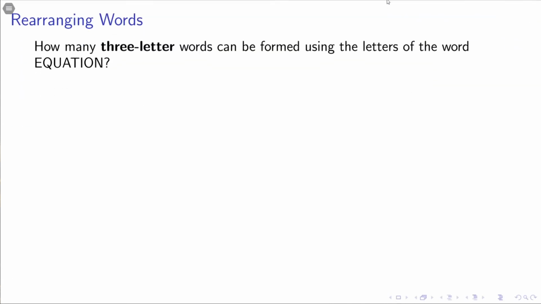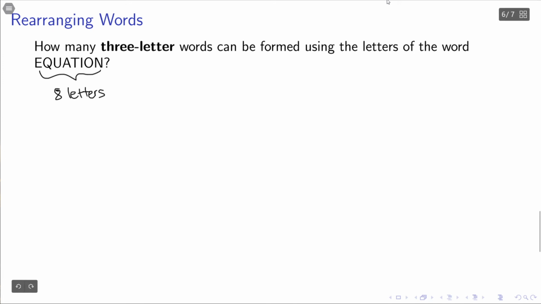Look at this next example. How many 3-letter words can be formed using the letters of the word equation? So it's the same word. There are 8 distinct letters here. But now you're not rearranging all the letters to get a word of the same length. We're only looking for 3-letter words here.